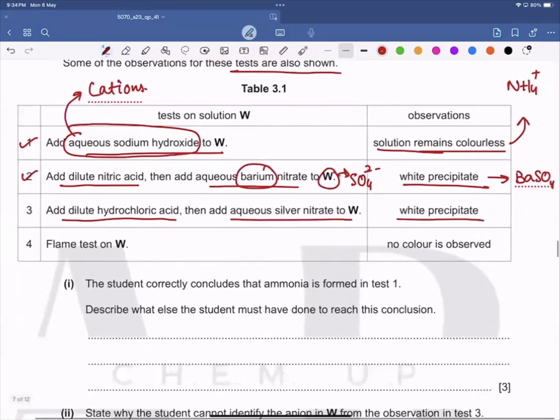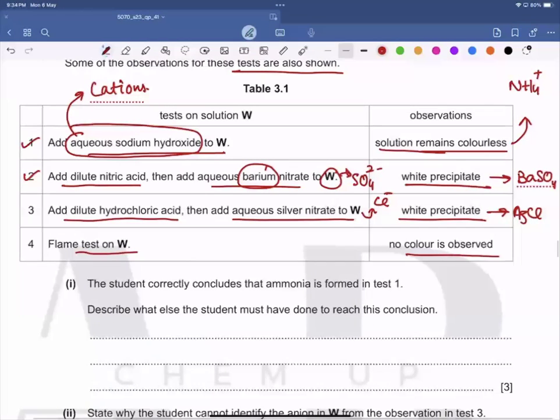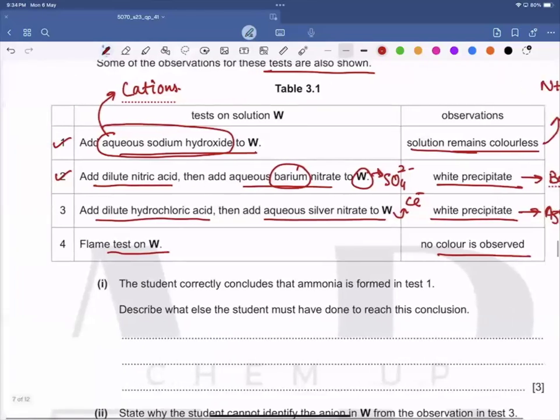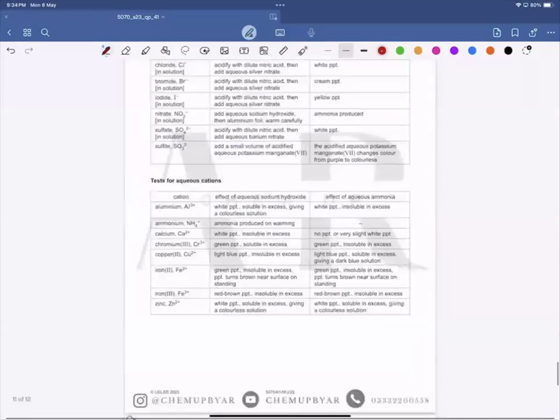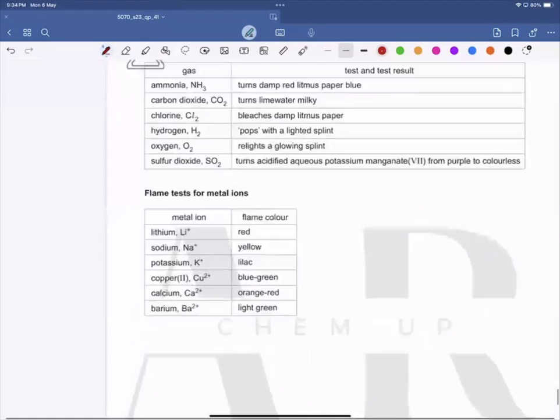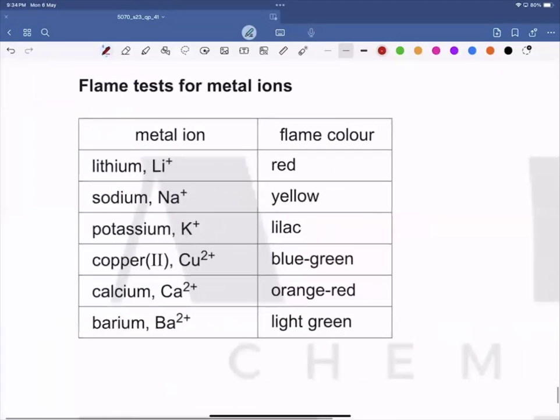These white precipitates are of silver chloride, so W also has a chloride ion in it. Flame test on W: no color is observed. If no color is observed on a flame test, it means none of these metal ions are present in it.